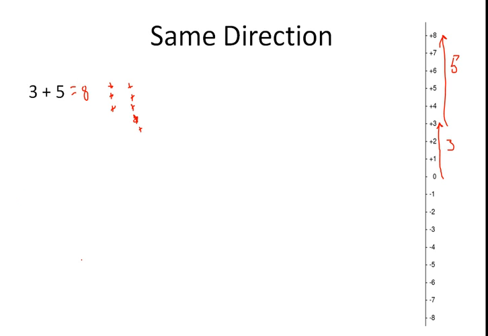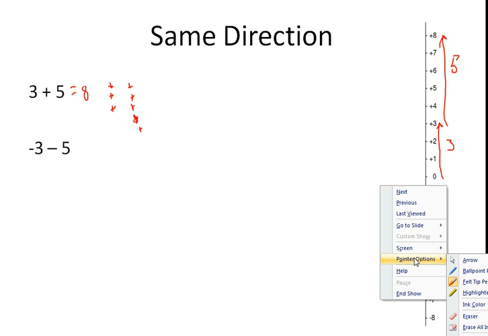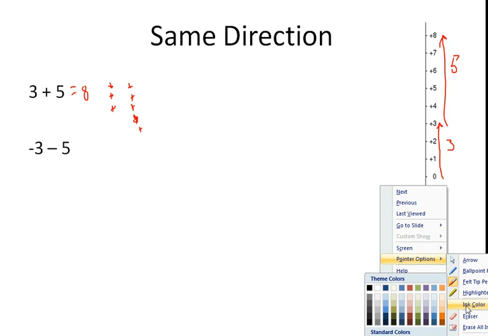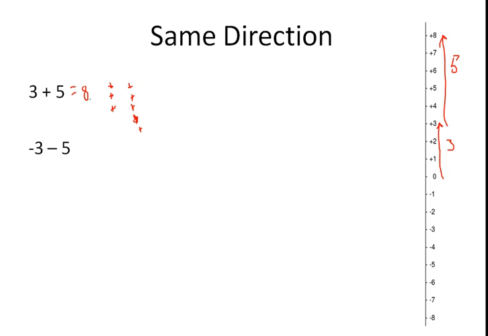Okay, now we have a situation where maybe we have negative 3 minus 5, so we're going in the negative direction. Let's say negatives we're going to treat with negative signs.